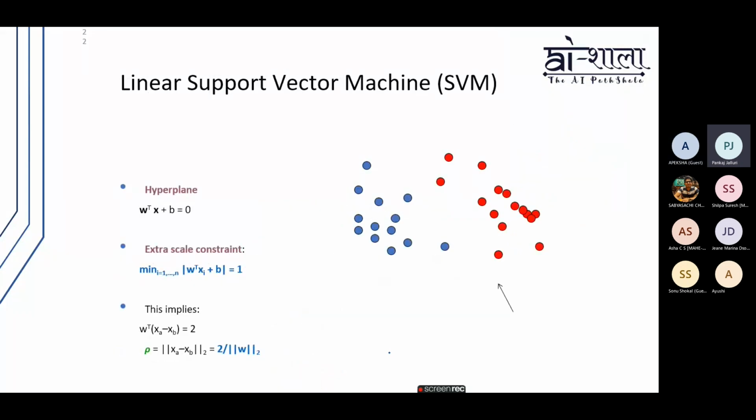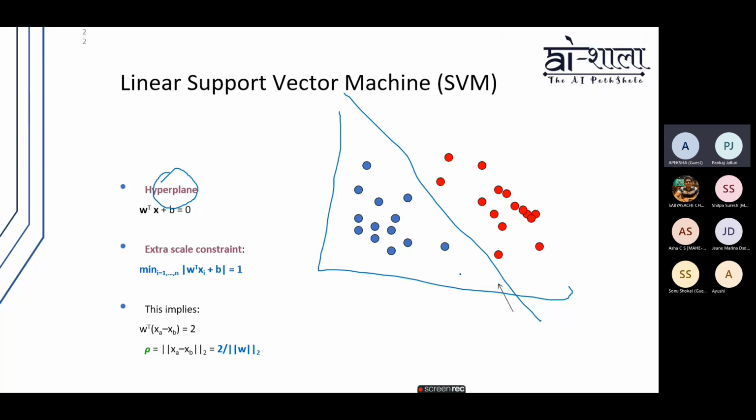Now, this is basically the hyperplane. When we talk about two dimensions, it is a line, and when I'm talking about three dimensions, it's a plane, and when I'm talking about four dimensions, it's a 3D plane. You can imagine it because I'm talking about 2D.